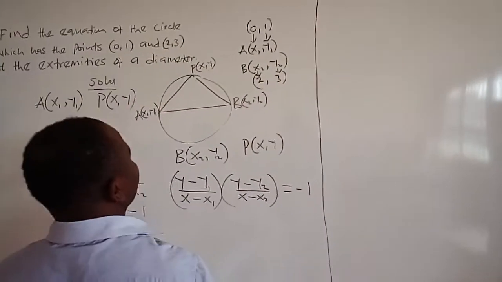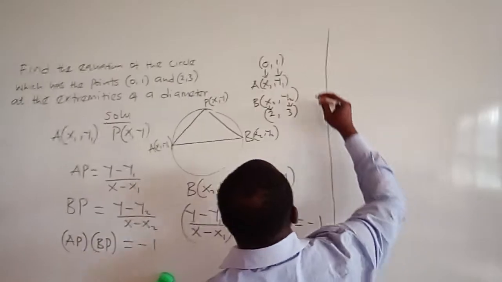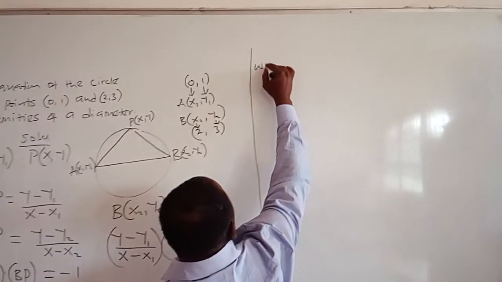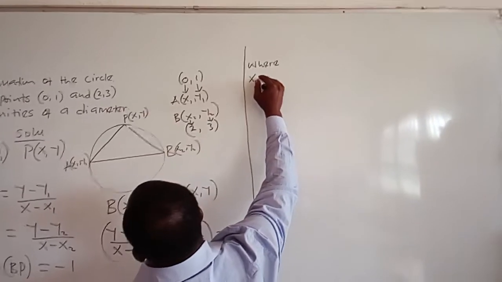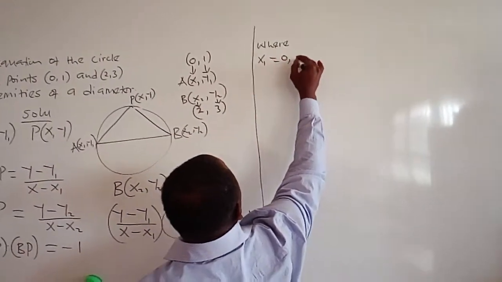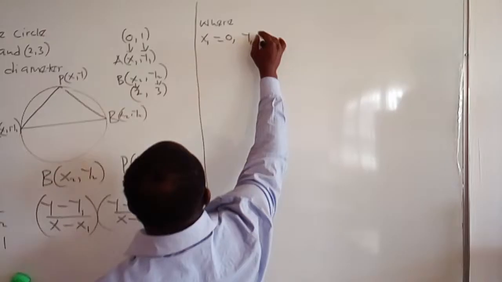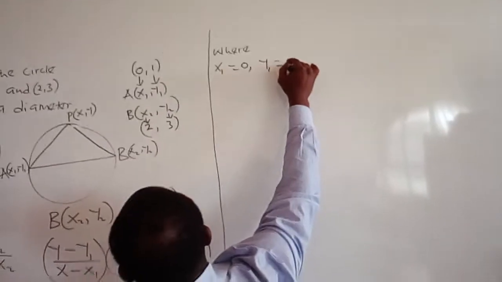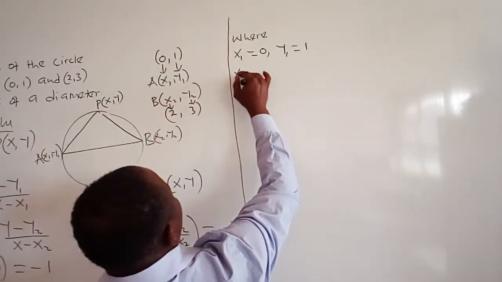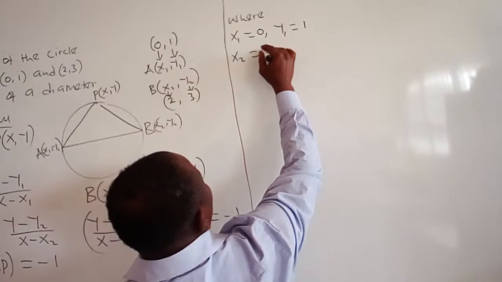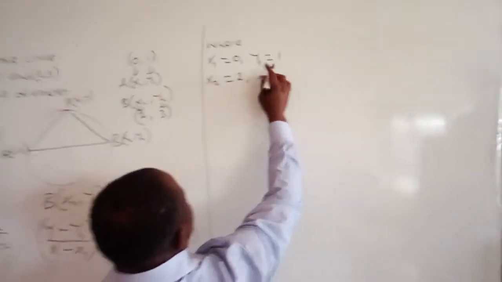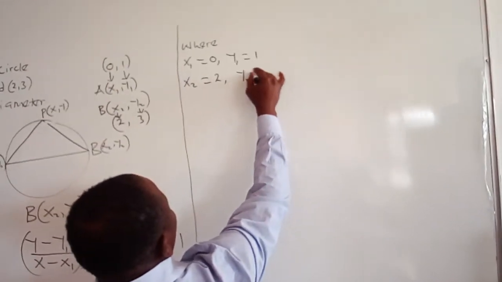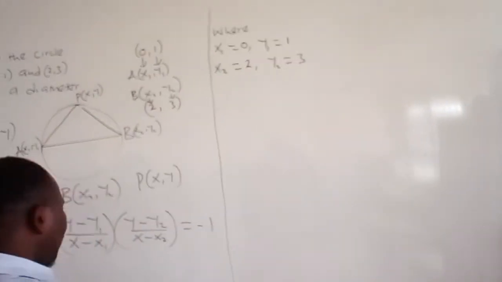Okay, let's do it together. From the question, x1 is equal to 0, y1 is equal to 1, x2 is equal to 2, and y2 is equal to 3.